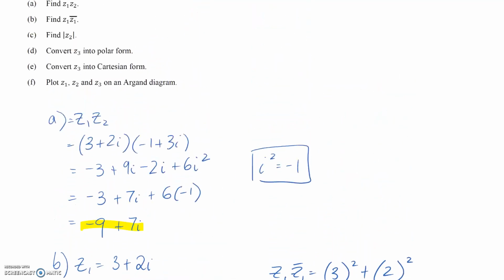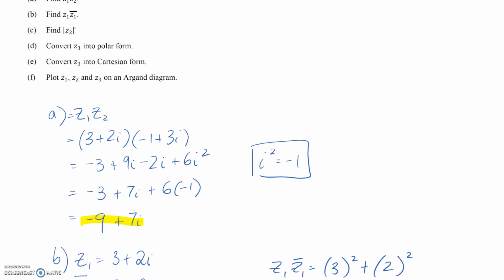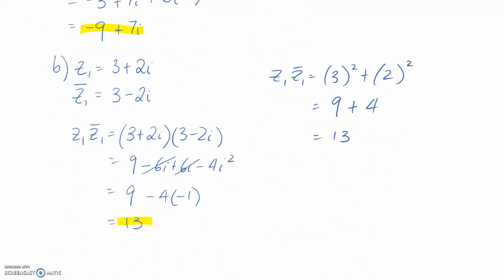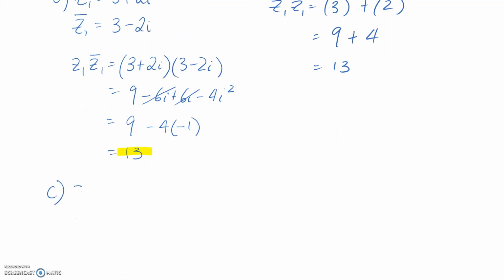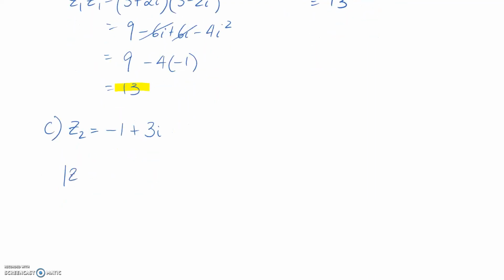Alright, so part C is that we want to find the modulus of our Z2 complex number. So just as a reminder, Z2 was equal to -1 plus 3i. So the modulus of it, it's like finding the magnitude of a vector.